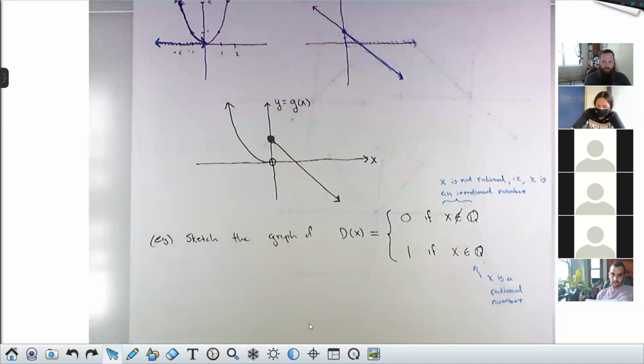Let's evaluate it at some inputs and see what outputs we get.